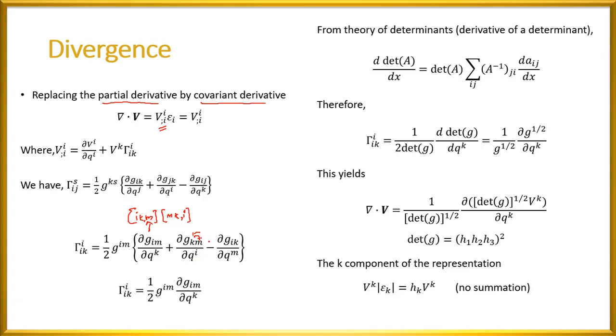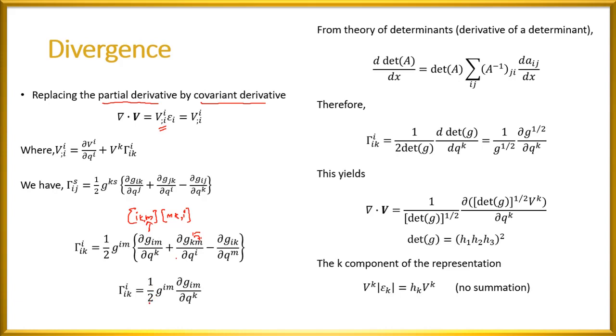And also when computing the Christoffel symbols of first kind, all the four terms over here will cancel out, and the remaining portion is just half gim dou by dou qk of gim. Please do it on your own and see this cancels out.